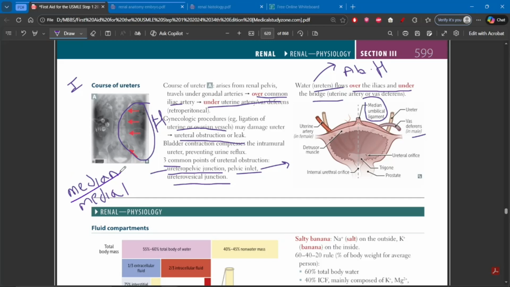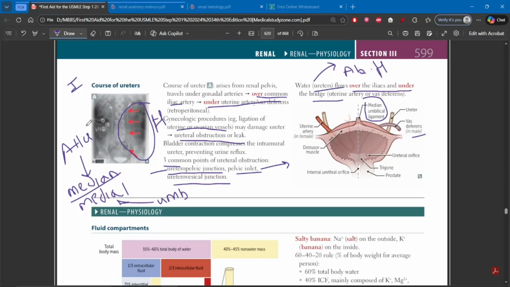So the allantois, or the urachus, gives rise to the median, and the umbilical artery gives rise to the medial.